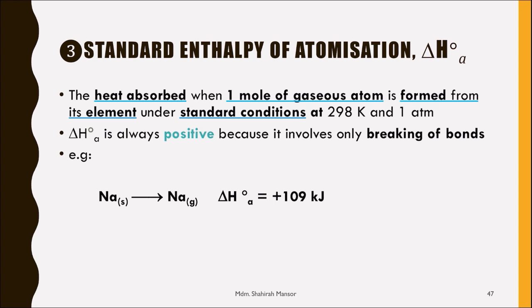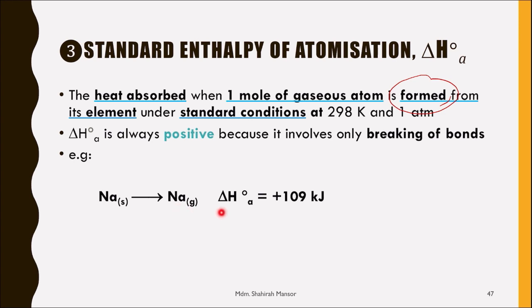According to this thermochemical equation, we can see that the 1 mole will be on the product side, because according to the definition, it is the heat absorbed when 1 mole of gaseous atoms is formed from its element. So this is the element, and this is the gaseous atom form, under standard conditions at 298 Kelvin and 1 atm.